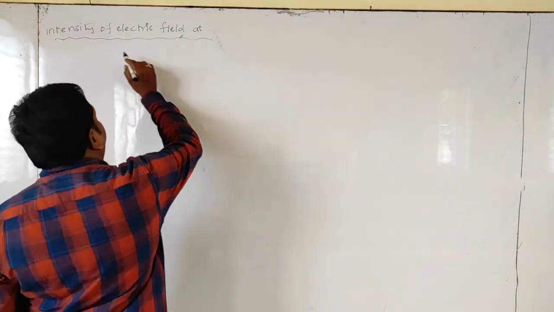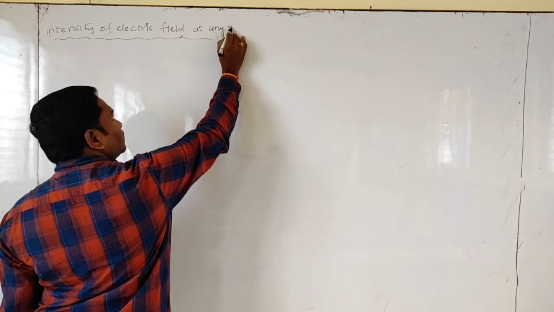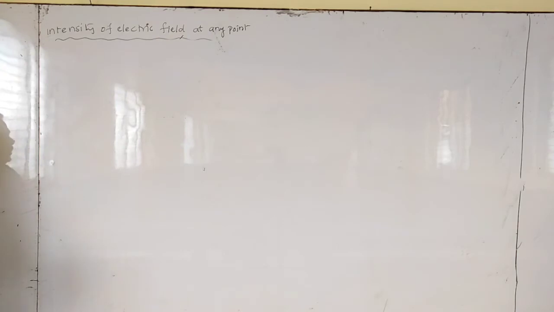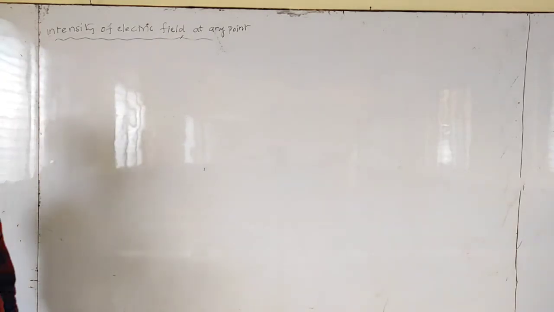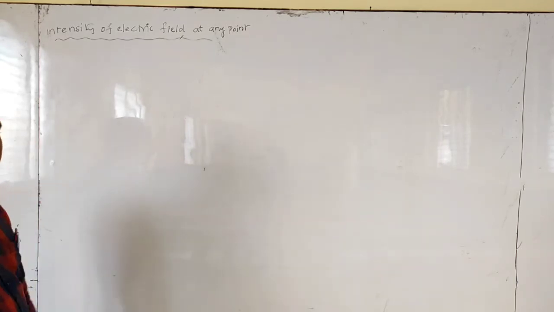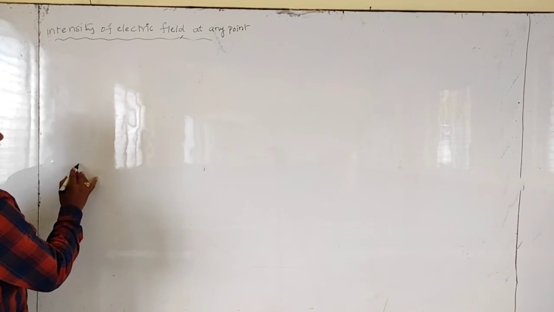Now we are going to find the intensity of electric field at any point due to the electric dipole. It is not on the axial line, it is not on the equatorial line. So it is at any point we are going to find. For this purpose we consider an electric dipole.